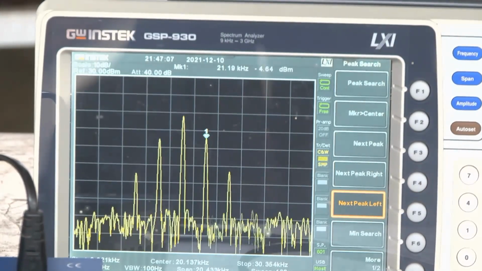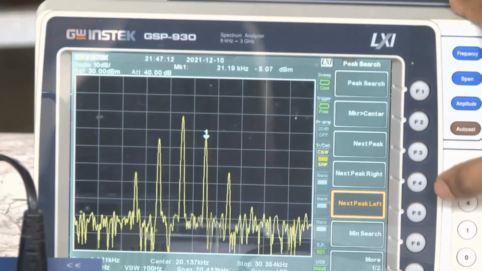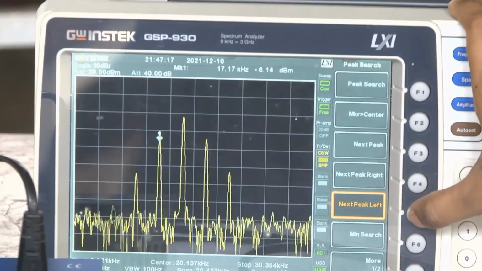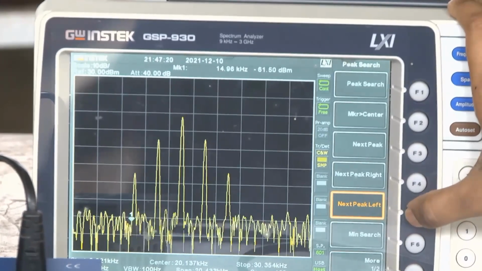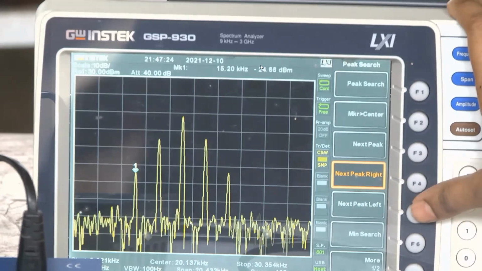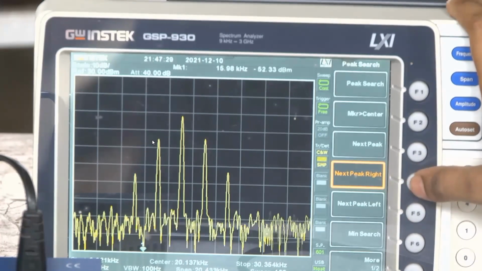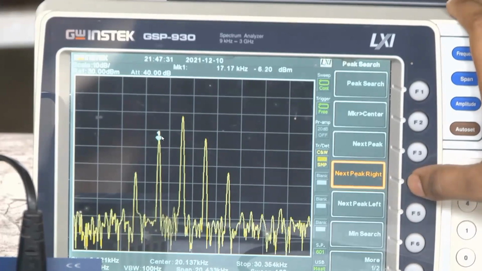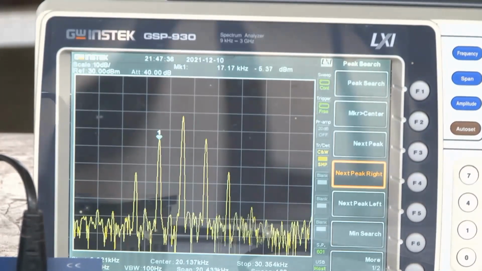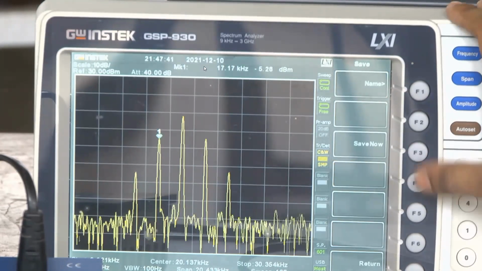We can take this as the maximum frequency. So we can't get this value because it is lesser than -20, so we are taking the next peak. Okay, this peak. So you can note down the frequency value.